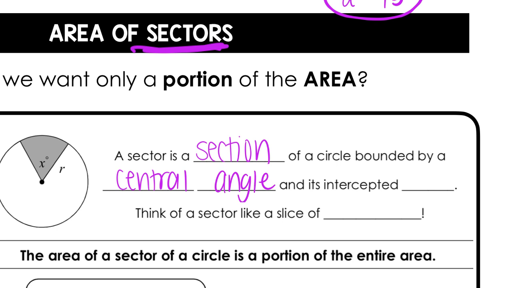That's some vocab from the last chapter. This purple angle that I'm highlighting is called a central angle. It also has an intercepted arc, which would be this green arc right here. That central angle and that arc create the sector. So again, think of the sector as like a slice of pizza or a slice of pie. It's just like a part of the circle.